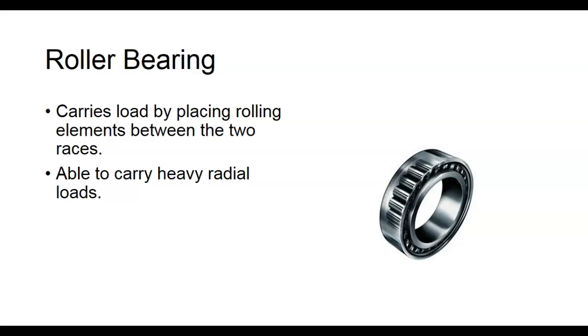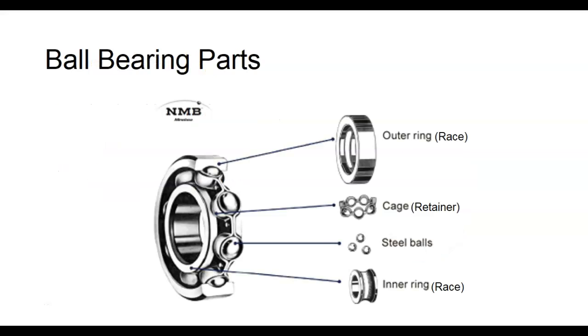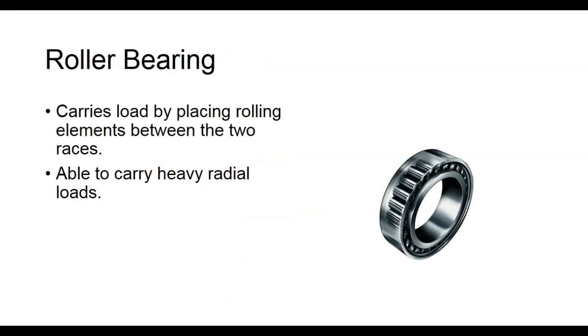So these are roller bearings. Roller bearings can handle a lot. On a ball bearing, all we have supporting the weight is the part of the ball that's running inside the race, right? Understand? What a roller bearing does is it has more surface area so we can handle heavier radial loads. So these are roller bearings.